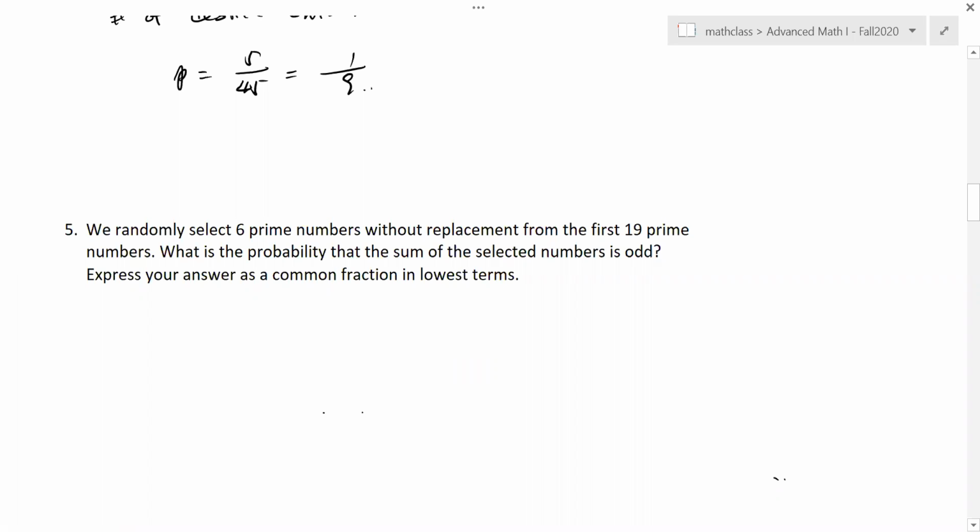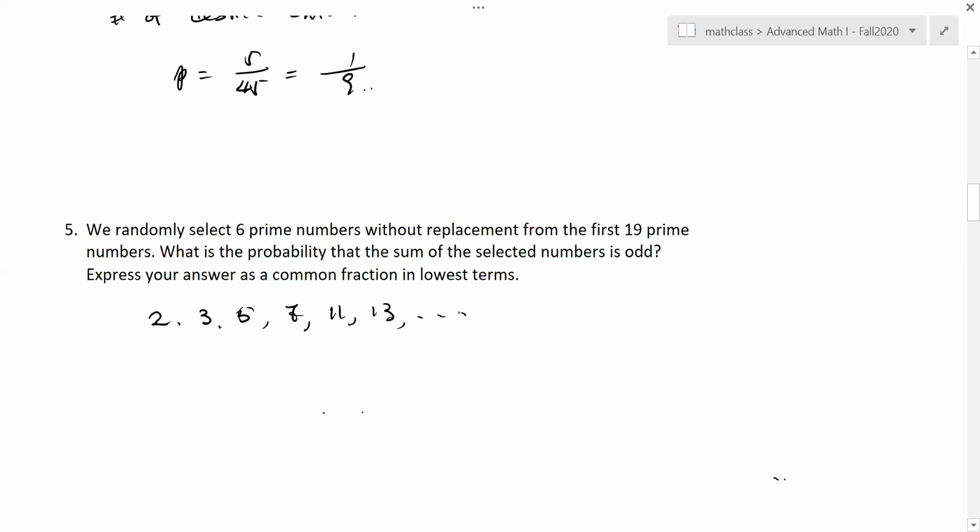So there is a trick here. 19 prime numbers. The prime numbers are all odd numbers, except the first one, right? So let's say 2, 3, 5, 7, 11, 13.